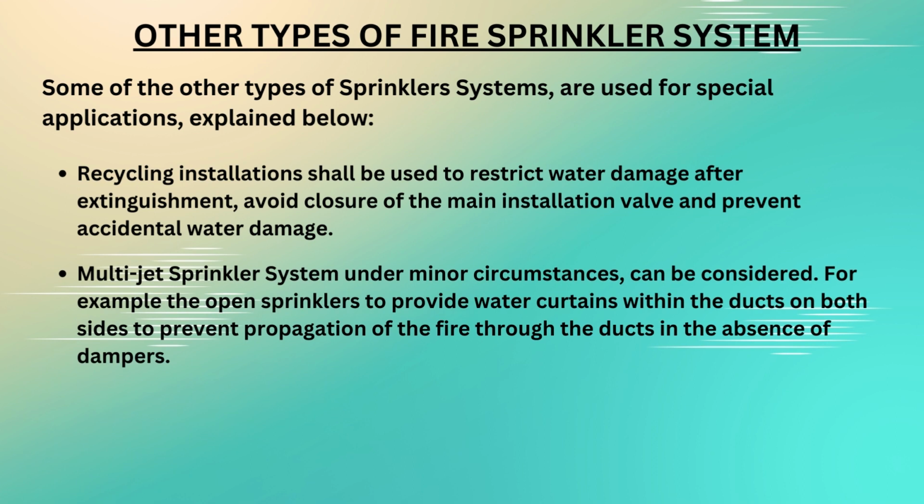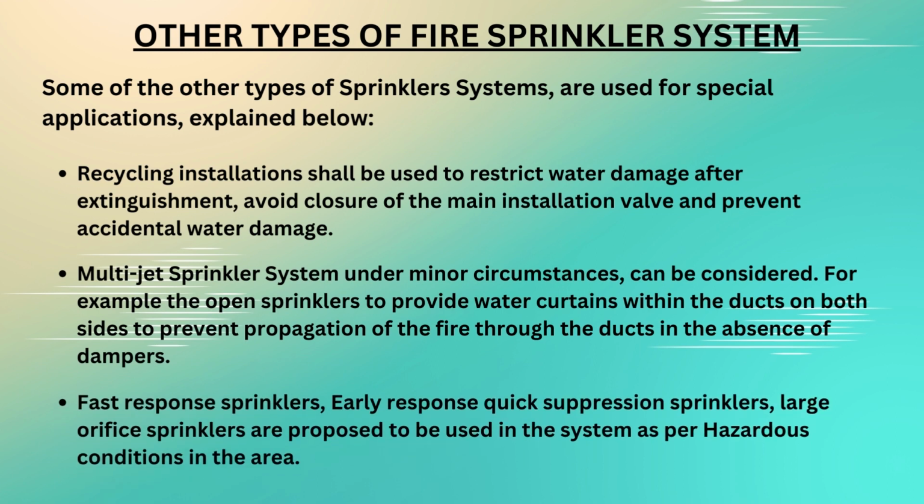For example, open sprinklers to provide water curtains on both sides of the duct to prevent propagation of fire through the duct in the absence of dampers. Fast response sprinklers, early suppression fast response sprinklers, and large orifice sprinklers are proposed to be used in the system as per hazardous conditions in the area.